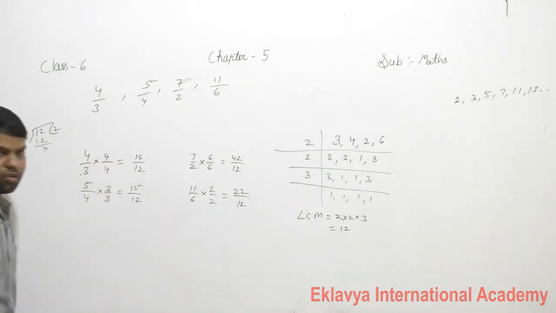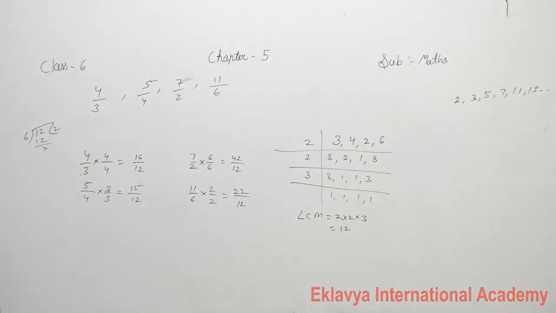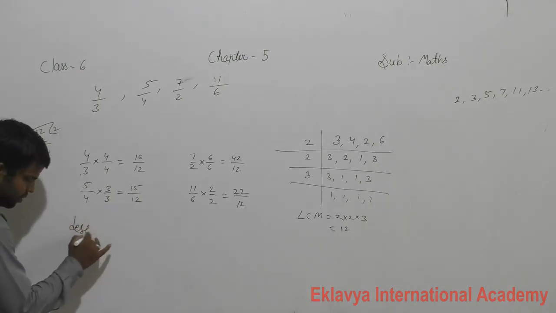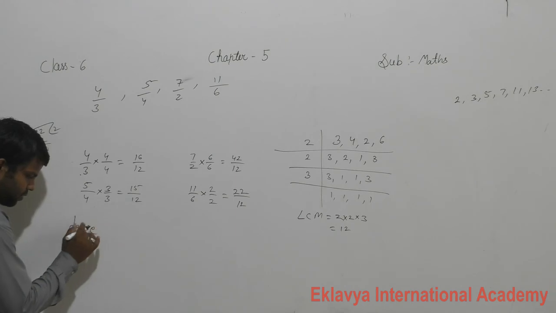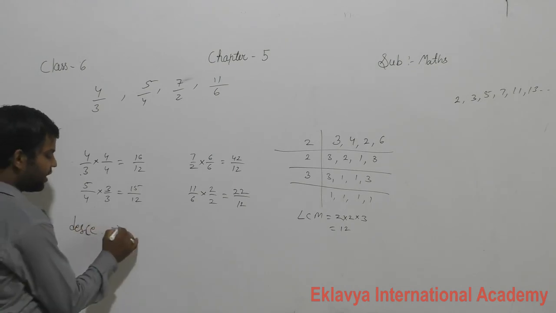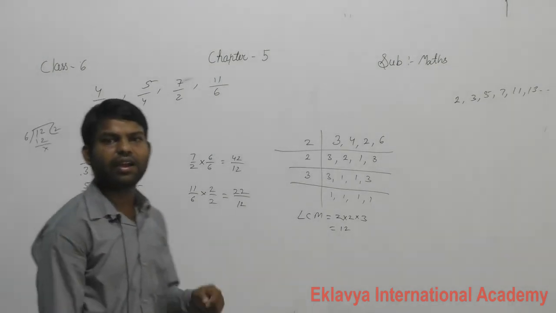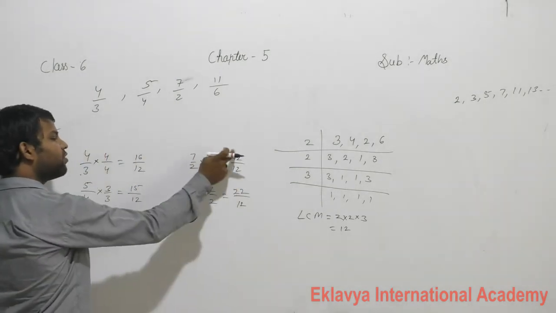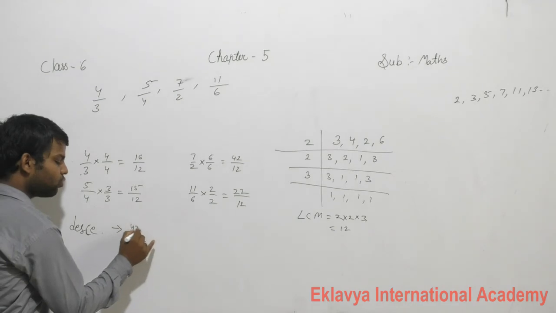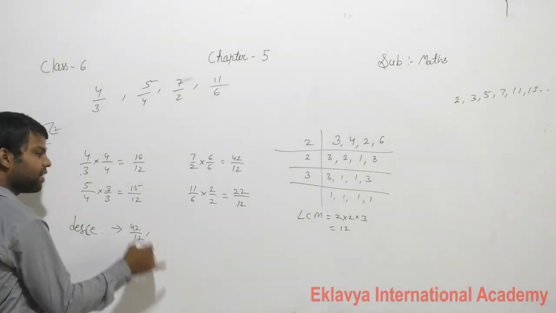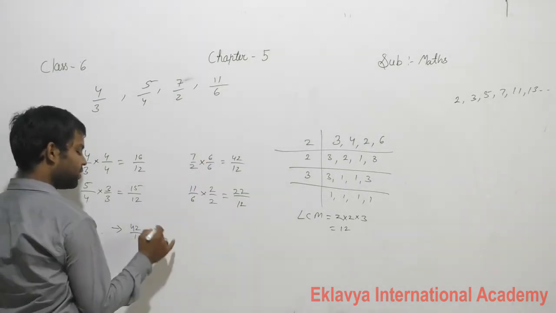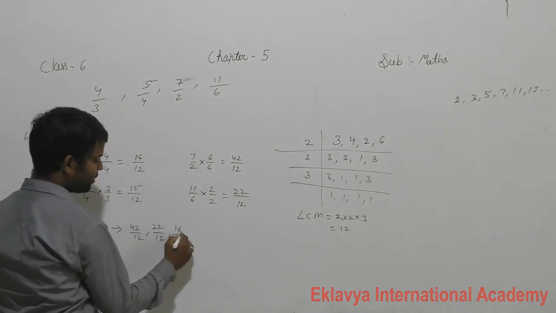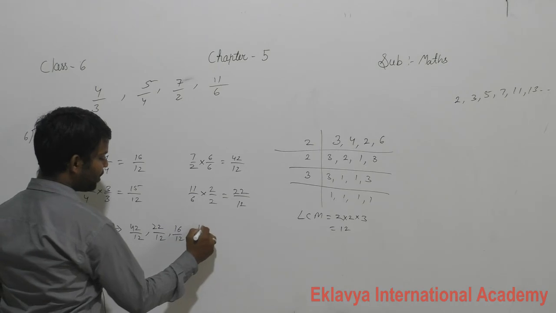Now if we want to arrange these fractions in descending order, then first we write the highest value. So we compare the numerators. Here the highest value is 42 upon 12. After that comes 22, then 16, then 15.